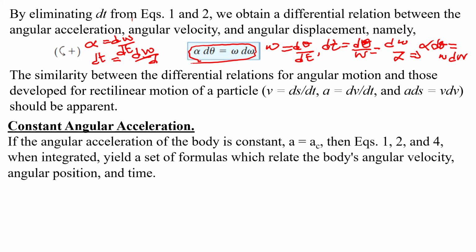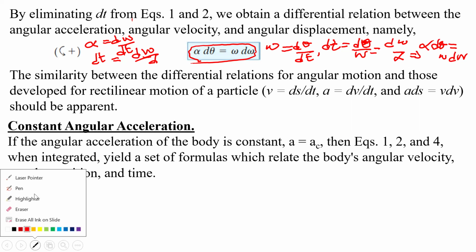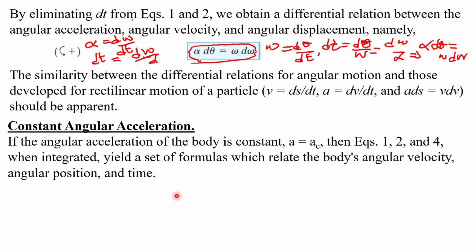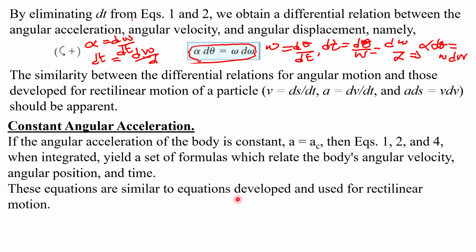When the angular acceleration of the body is constant, alpha is equal to alpha c, then the earlier equations can be integrated, and when they are integrated, they yield a set of formulas which relate the body's angular velocity, angular position, as well as time together. So these equations are similar to equations used for rectilinear motion, that is Newton's 3 equations of motion.